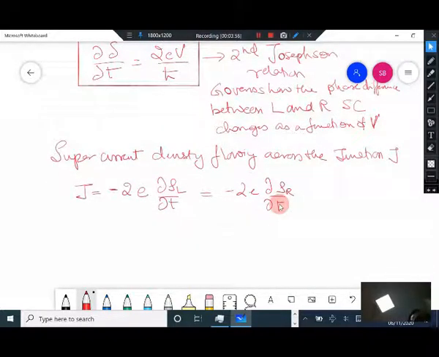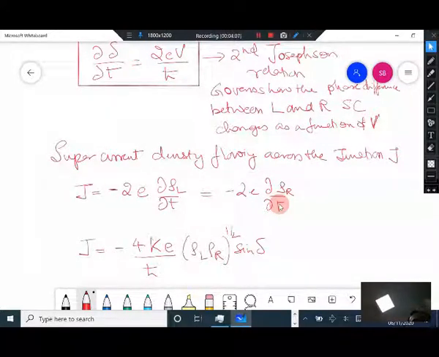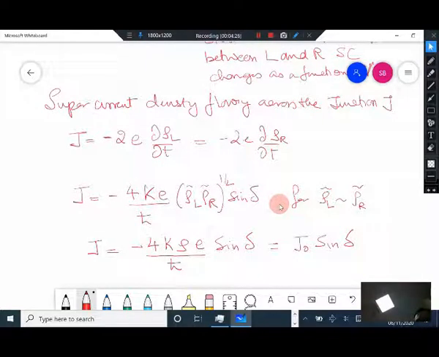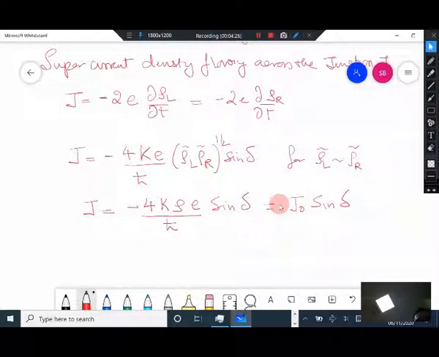So J is equal to minus 4K by h cross, rho R half, sin delta, where rho L and rho R are taken as roughly the mean values. This is equal to J0 sin delta, where J0 is 4K rho over h cross.